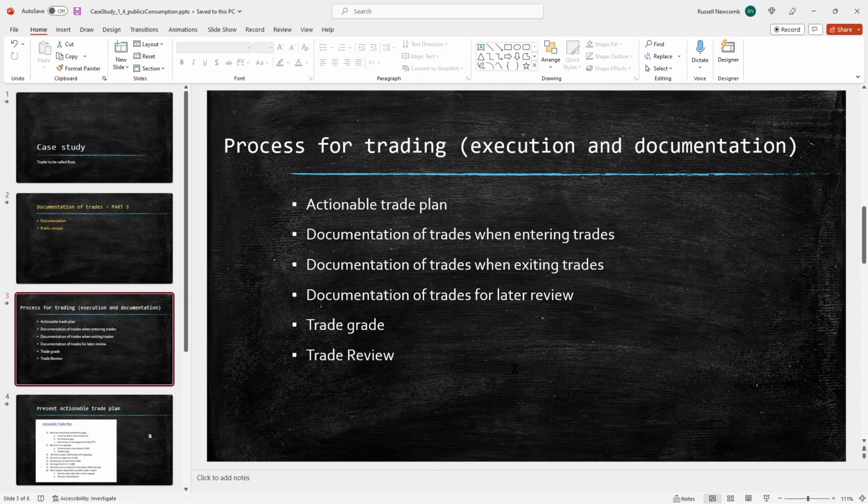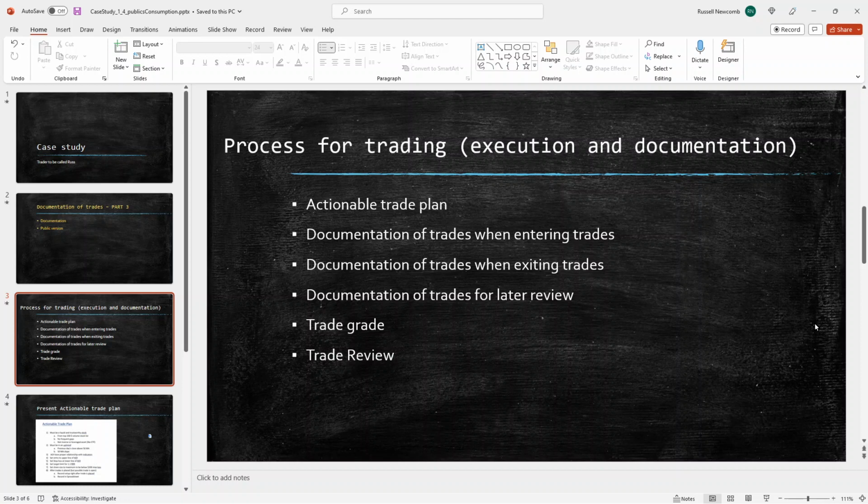So how Russ does his documentation is he needs to run off an actionable trade plan. That's to get as much consistency as possible between your different trades as time evolves.